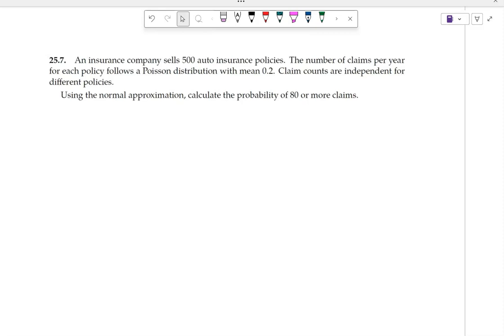So notice in this one, you are adding together 500 Poisson distributions, right? The total number of claims being more than 80. But what do we know about sums of Poisson? That's a Poisson, good. Sum of Poissons is Poisson.